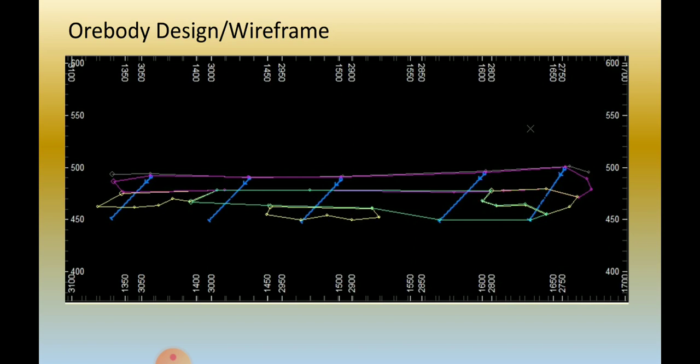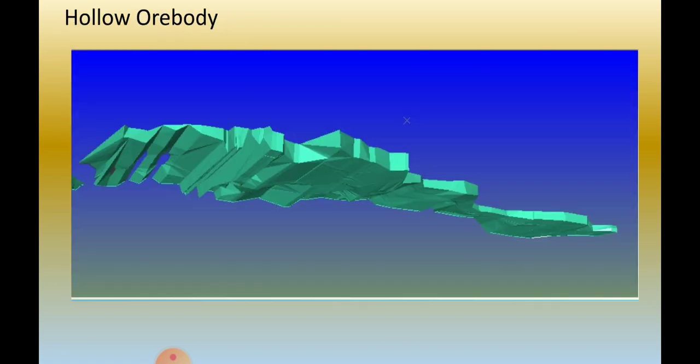Then the ore body will be connected section to section, and we will get a hollow ore body like this. This is the hollow ore body, made by going to each section, digitizing it and connecting section to section.